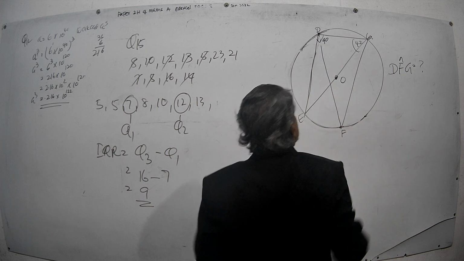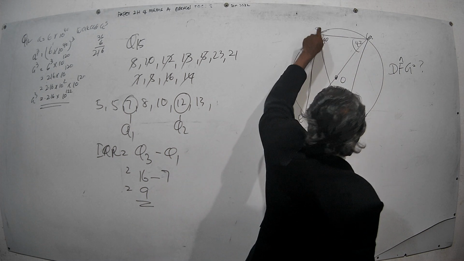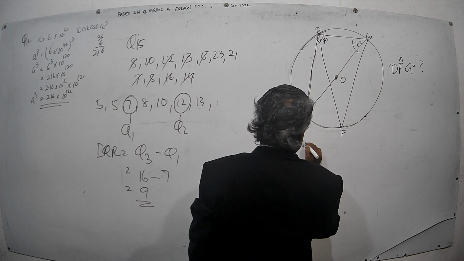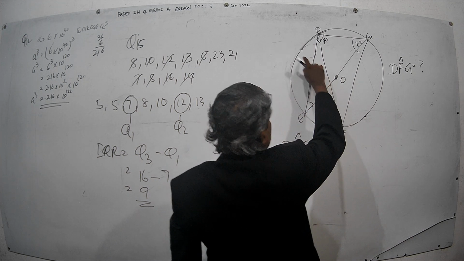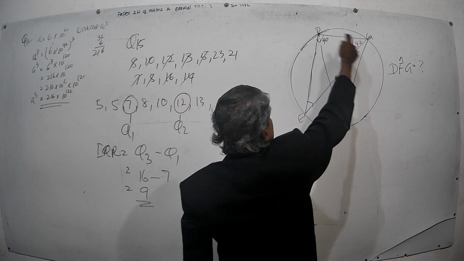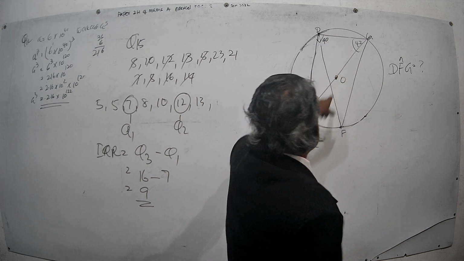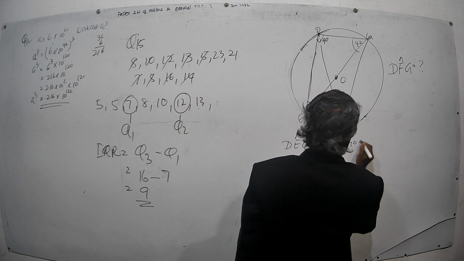Then take this triangle DEG. The angle DEG, we know two angles in the triangle GDE, so the other angle will be 180 minus 90 plus 42.